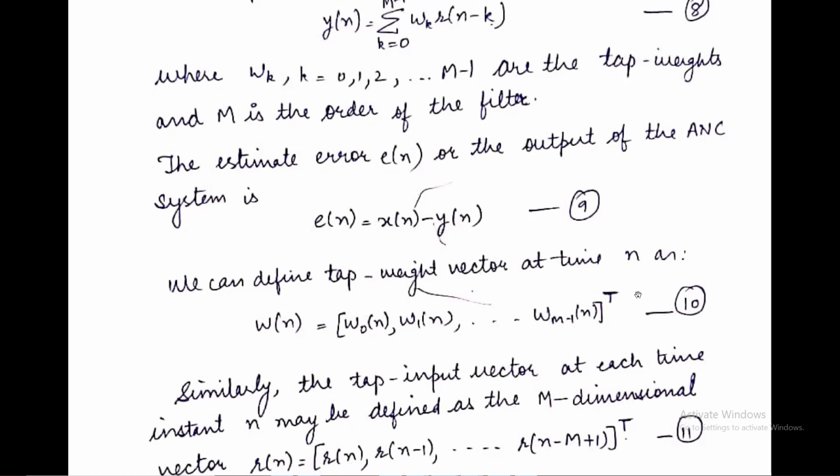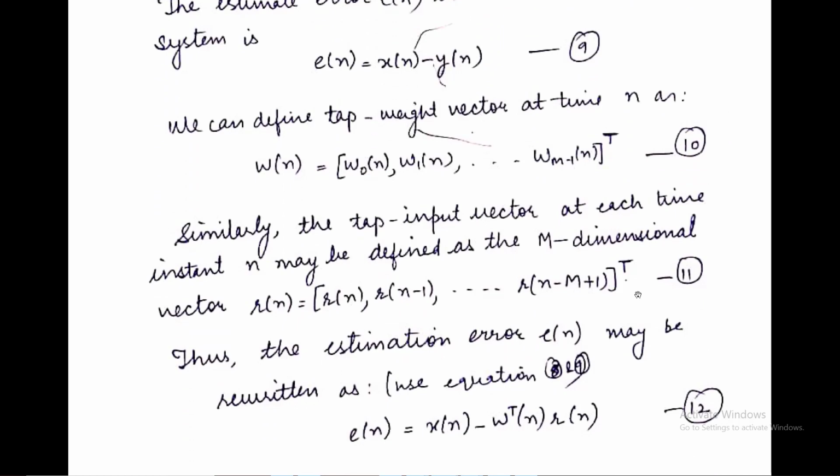Similarly, the tap weight input vector: rn is the input, so as a vector it will again be M dimensional. It will be rn, and then we take delays. It is r(n minus 1) up to r(n minus M plus 1). Actually M minus 1 delays are needed, because one is the present signal, rn, and the remaining M minus 1 delays are needed if it is an M order filter.